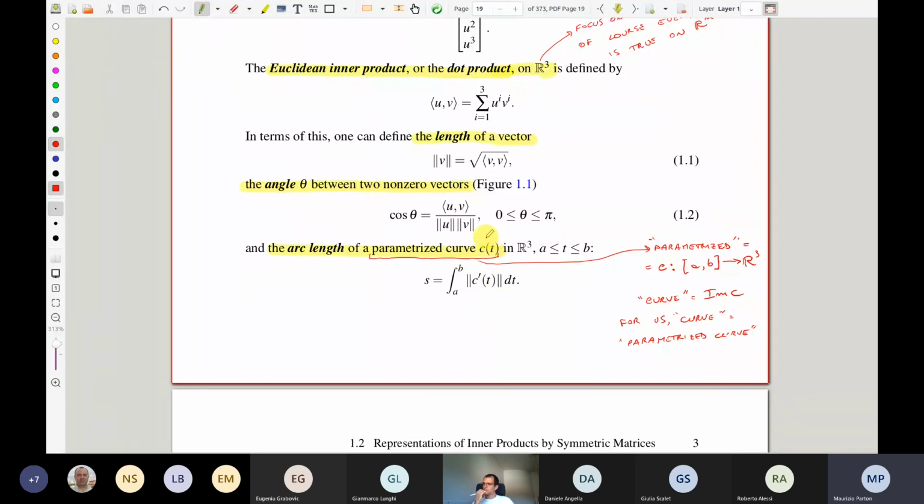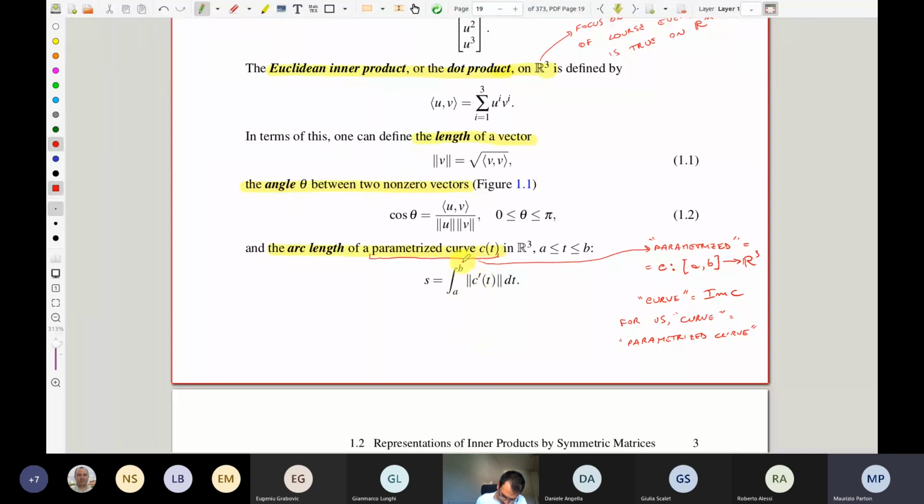Remember from the first part of the course that the derivative of the curve is a vector, but living in the tangent space to that curve. So we can take the length of this tangent vector, because we will see in a few pages that this length is defined on the tangent space and not on R3.